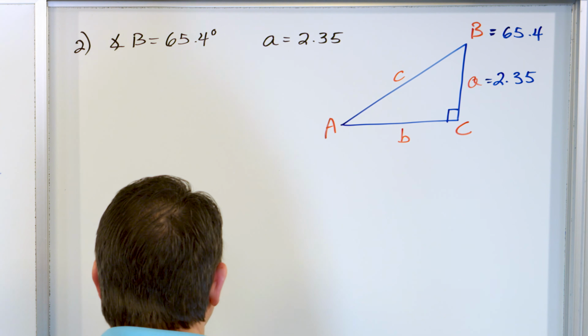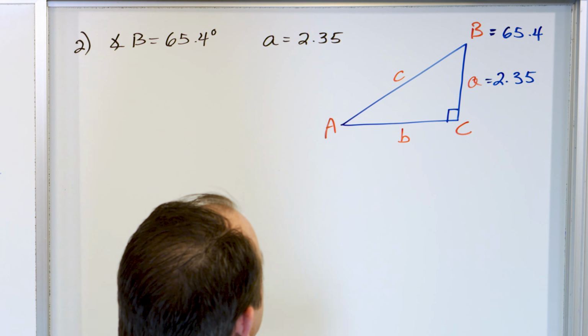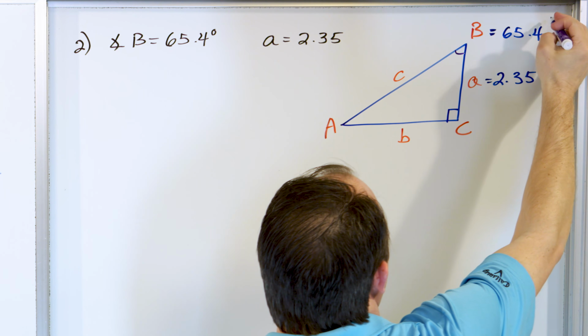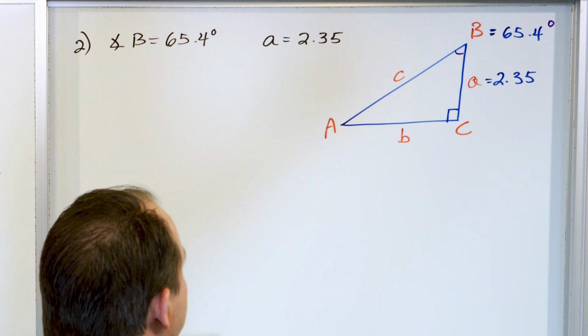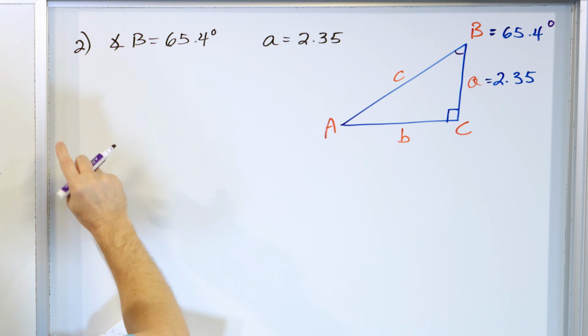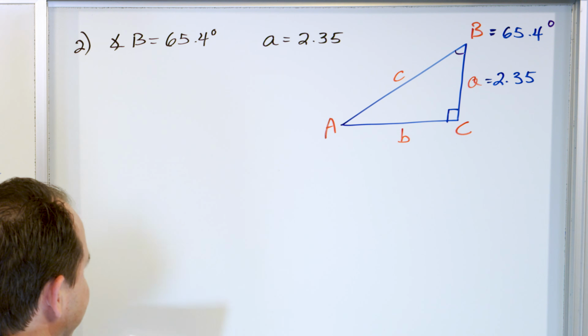Now, how do we handle the rest of this thing? Well, again, I'm already given one of the angles here, which is 65.4 degrees. I know this is 90 degrees because it's a right triangle. So for this problem, I'll do it differently, and I will just find angle A right away. I know that all of these angles have to add up to 180 degrees.